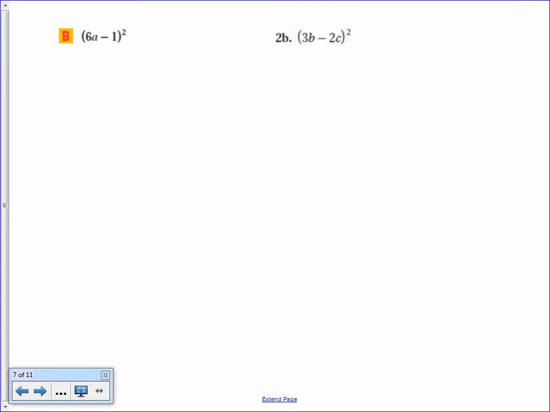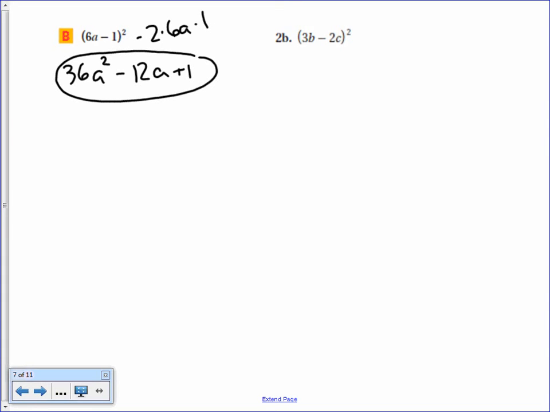So a few more problems like this. Square the first, so that's going to give me 36 a squared, 6a times 6a. Negative 2 times 6a times 1 will give me a negative 12a. And then 1 squared will give me a plus 1 on the end. Next one here, 3b squared.